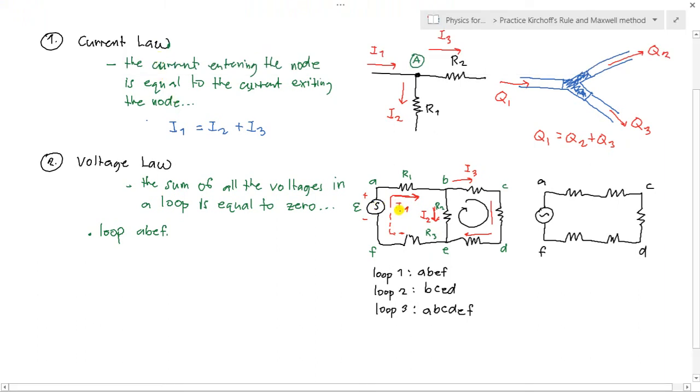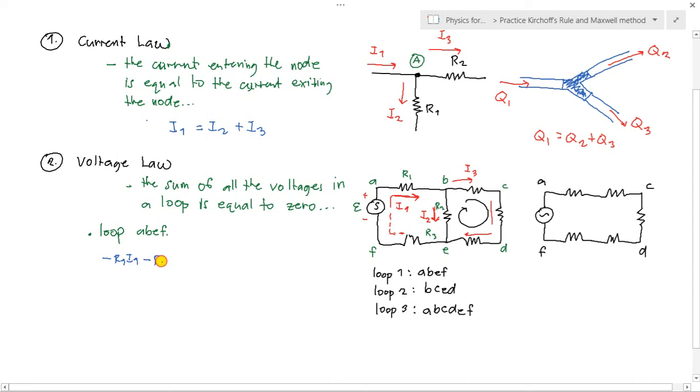Again, when you encounter a resistor or any load, it is negative. So just write negative R1 I1, because voltage is the product of the resistance times the current. Next, in the same loop, we have R2, right? Since we encountered a resistor again, it is negative again because it is a voltage drop.